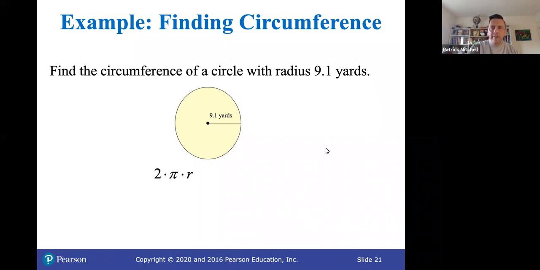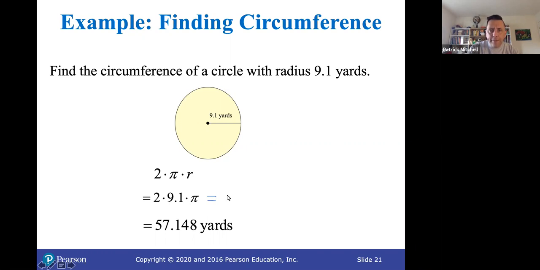So the radius of this circle is 9.1. If I multiply 2 times pi times r, okay, they actually left out the exact circumference. That might be because the radius is already a decimal. Now we're getting into really sort of sophisticated rounding stuff. But I do want to be consistent with what I said on the last slide.